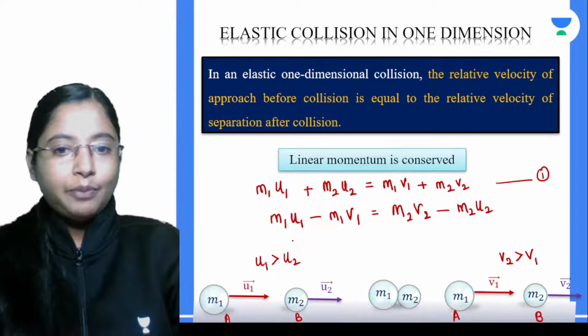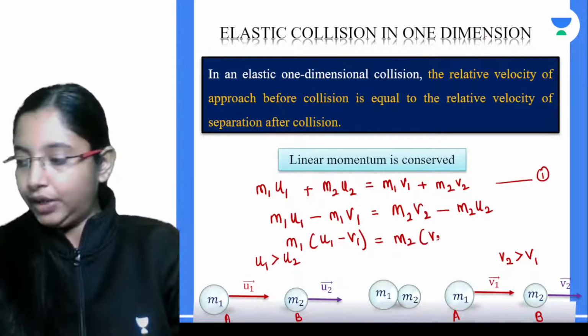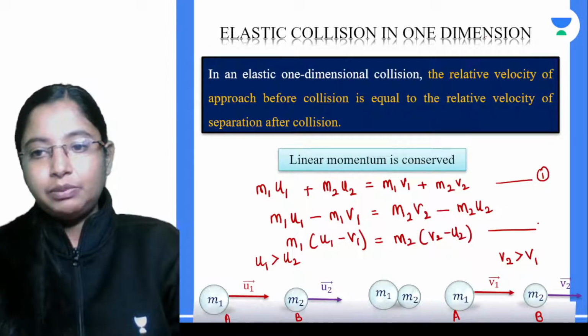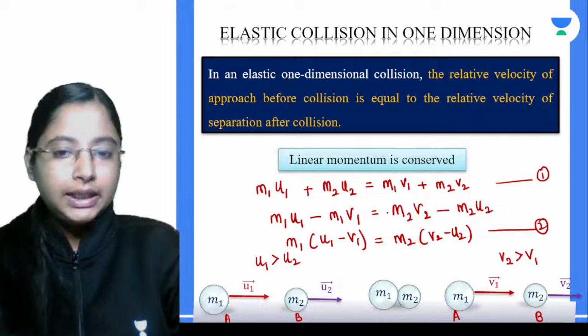Here m1 is common, so we can take m1 outside, and you have m1 times (u1 minus v1), which is equal to m2 times (v2 minus u2). Let's name this equation 2. This we got from conservation of linear momentum.